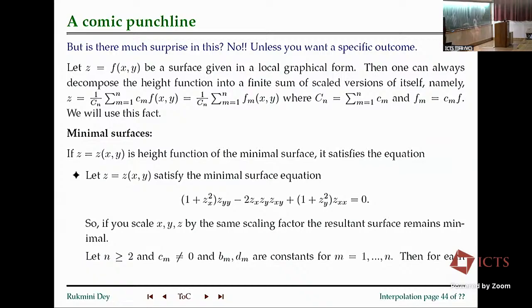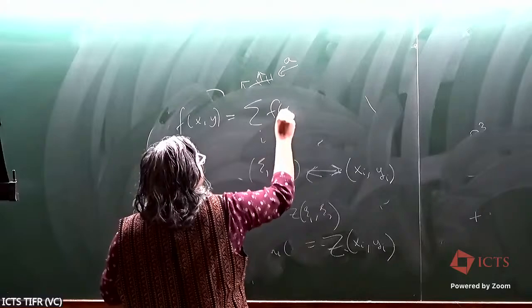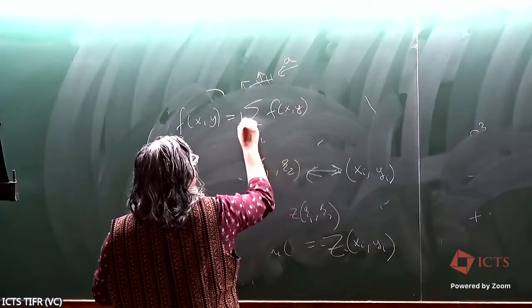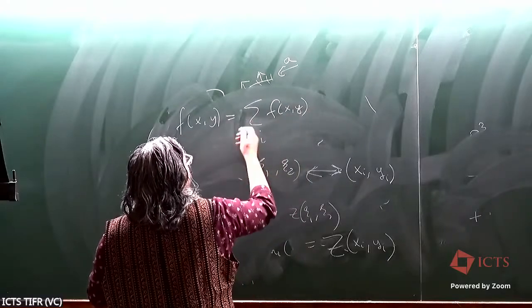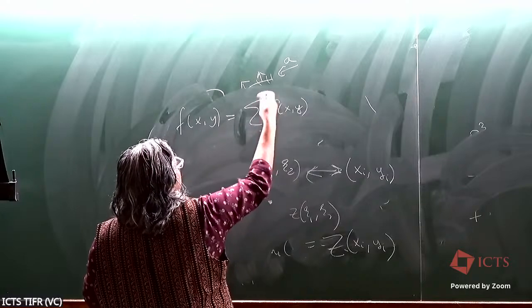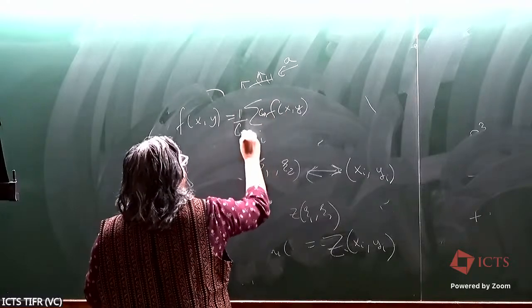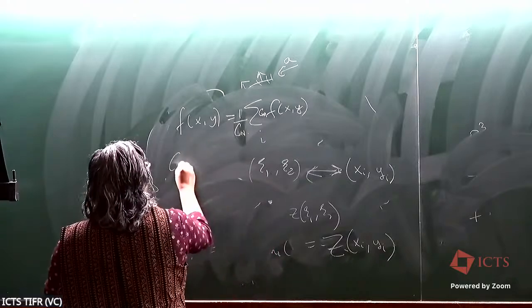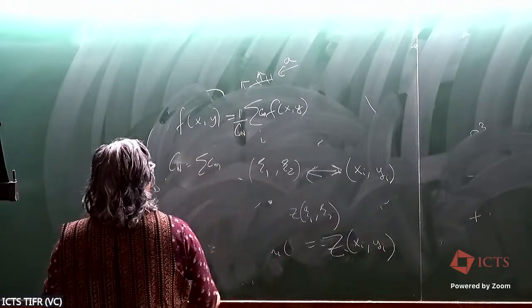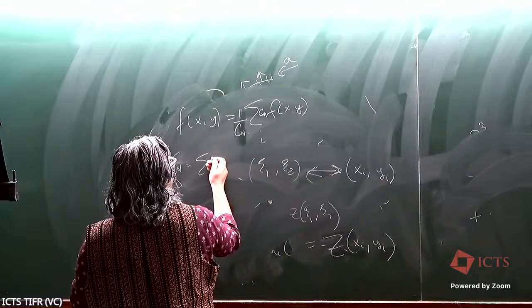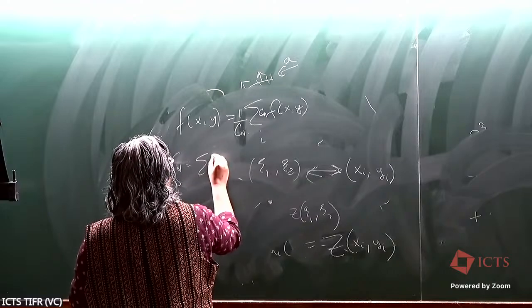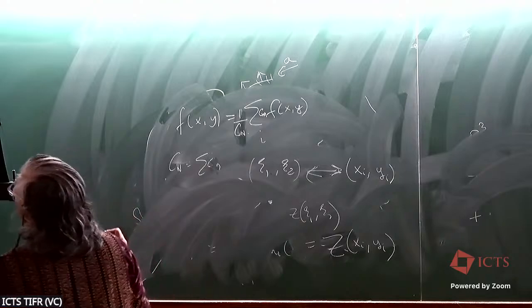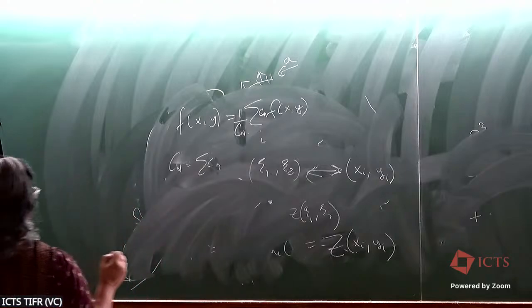F of xy is summation f of xy n times 1 over n, right? But I just want to weight them, where Cn is summation Cm.